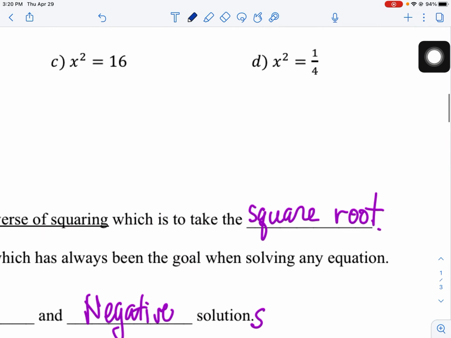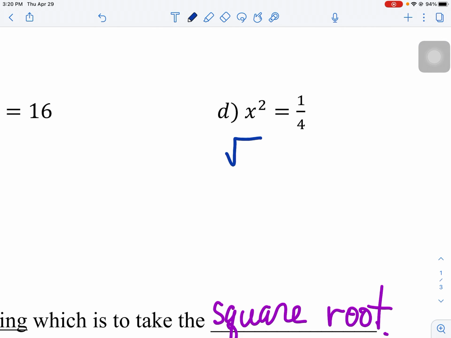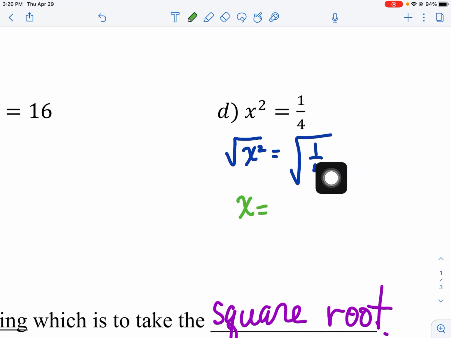Also, when you get a fractional value, it's much easier to do this. The square root of x squared is equal to the square root of 1/4. So x is equal to, when you have a fraction in a square root, you just put the square root of the numerator divided by the square root of the denominator.